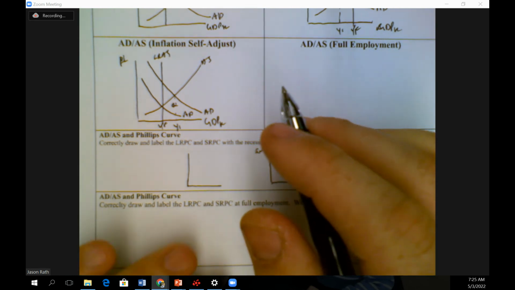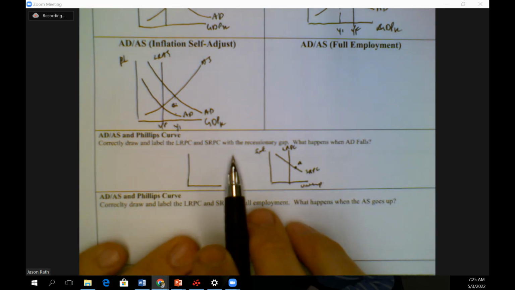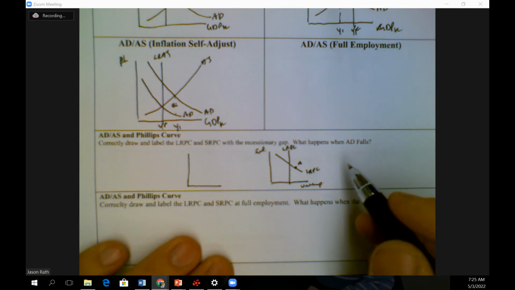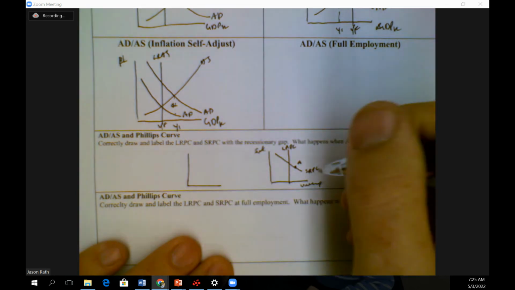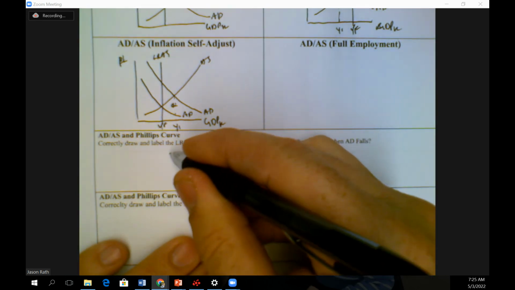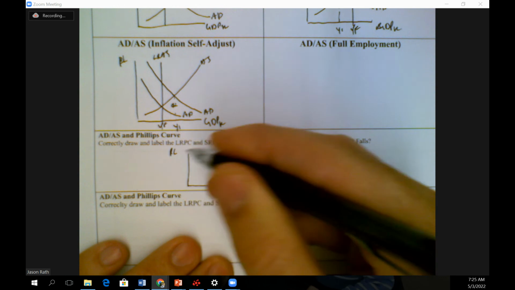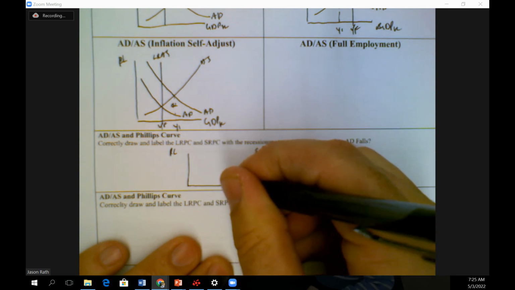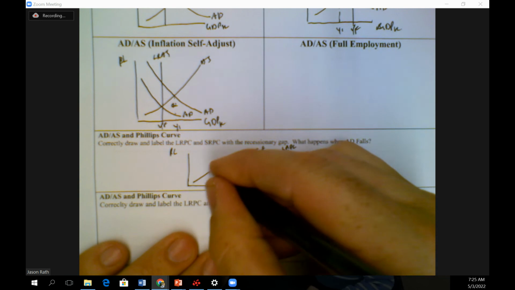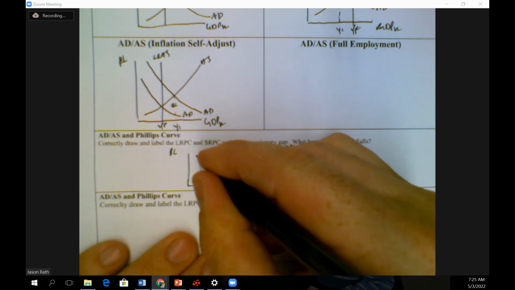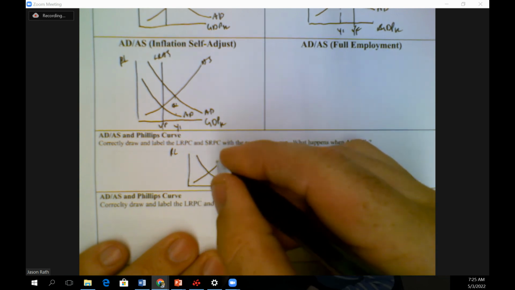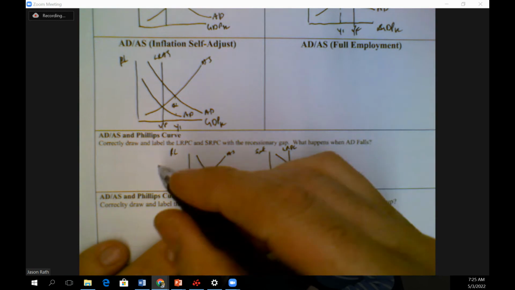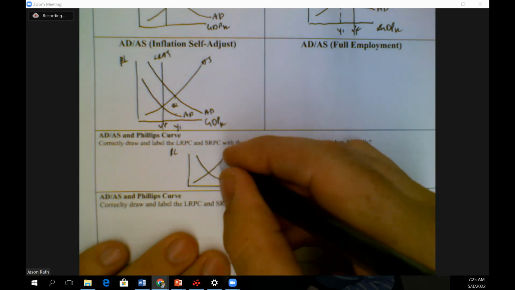So what would happen with this one? What would happen if aggregate demand falls? Shift to the left, so we're in a recessionary gap.